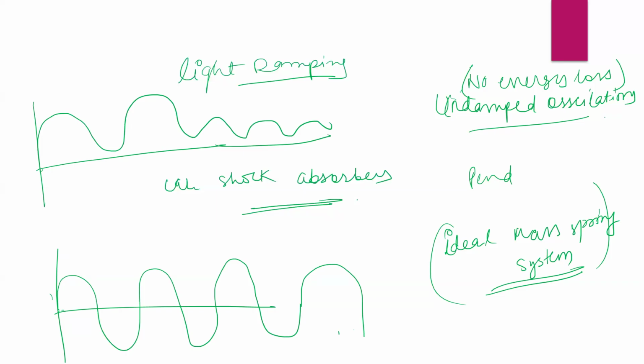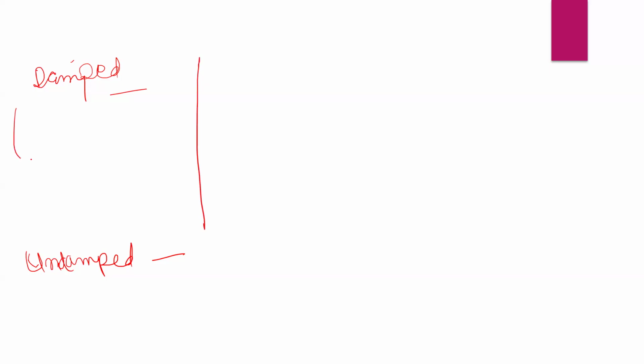Let's draw proper graphs of damped and undamped oscillations. Undamped. What happens in heat loss? In damped oscillation, there is energy loss.